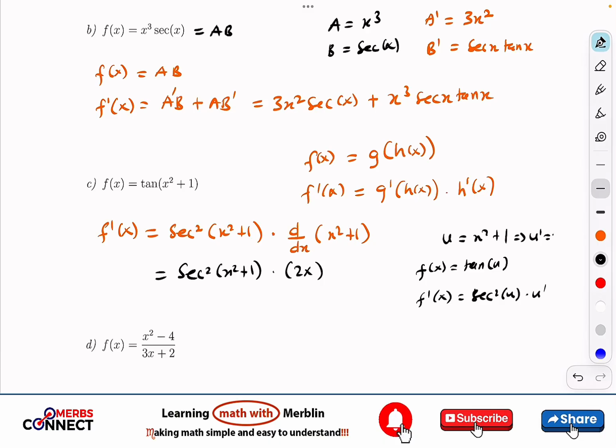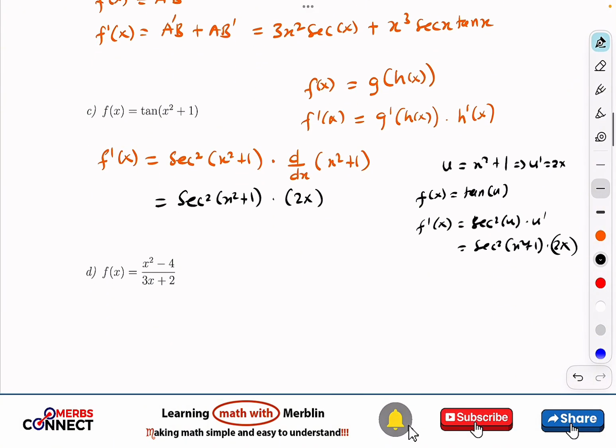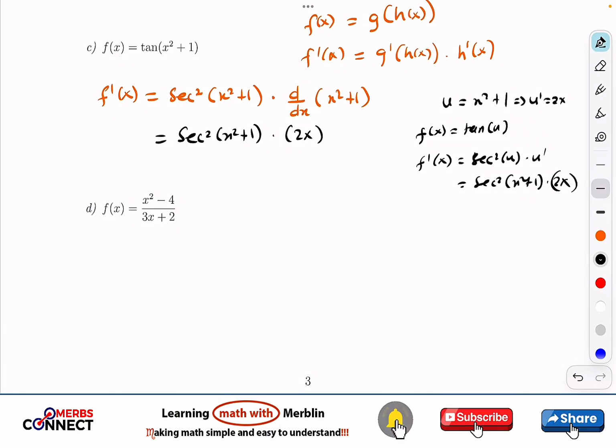U prime here is equal to 2x, and you just do substitution: secant squared u is secant squared of x squared plus 1, and u prime is 2x. So it's the same thing. The idea is that you have gotten it, because we have different methods of doing the chain rule. Any of them works out. Make sure you pick the one that you are comfortable with, then you go with it.